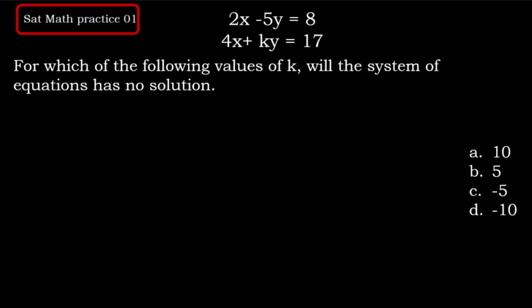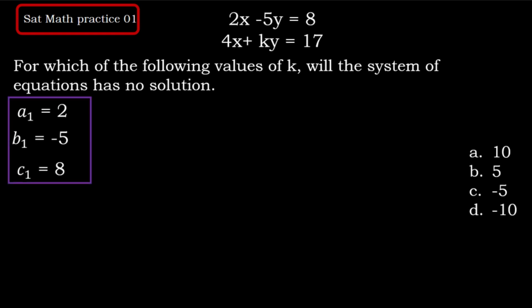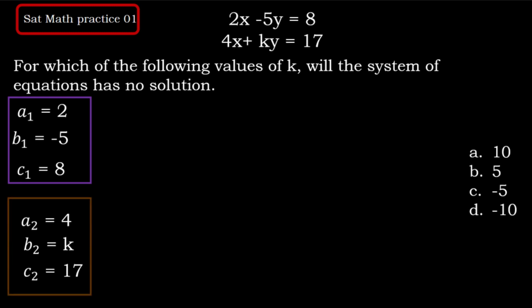We will deduce the coefficients for the first equation: a sub 1 equals 2, b sub 1 equals -5, and c sub 1 equals 8. Look at the second: a sub 2 equals 4, b sub 2 equals k, and c sub 2 equals 17. He said here that we have no solution.